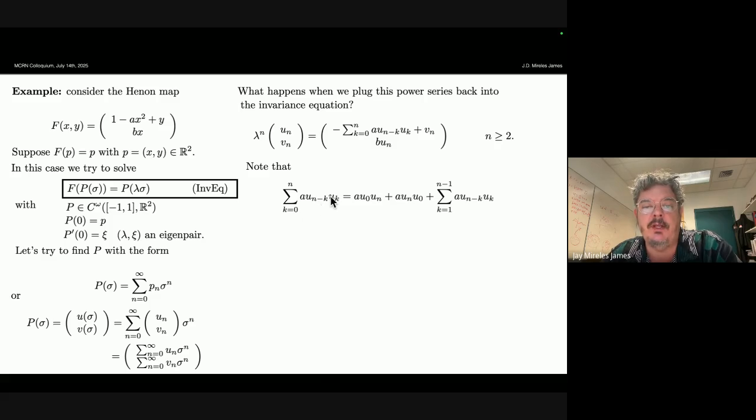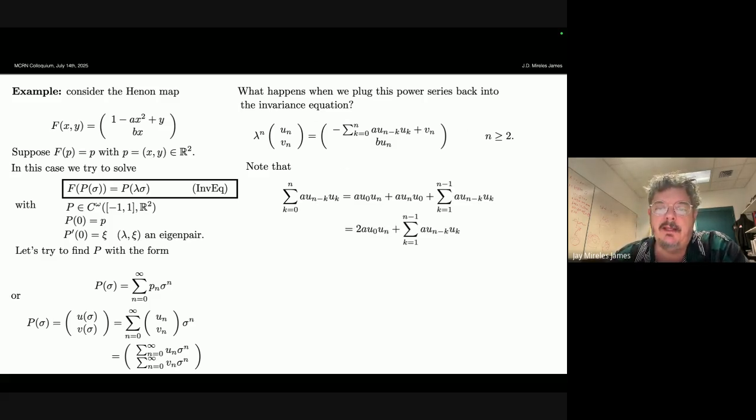And if k were equal to n, we'd have u0 times un. So we get two terms like that. Those are the only two cases where we could get an n there. And this is then everything that's left. This is a sum involving only terms of order less than n.